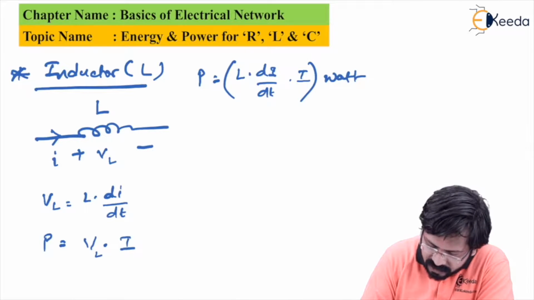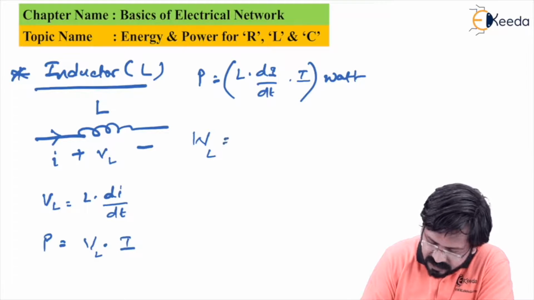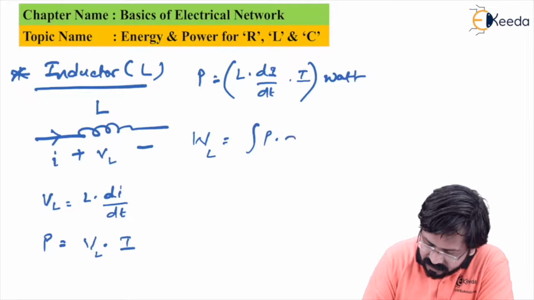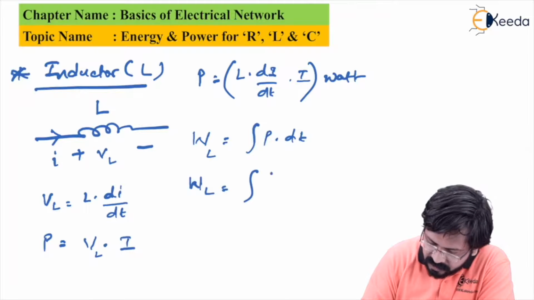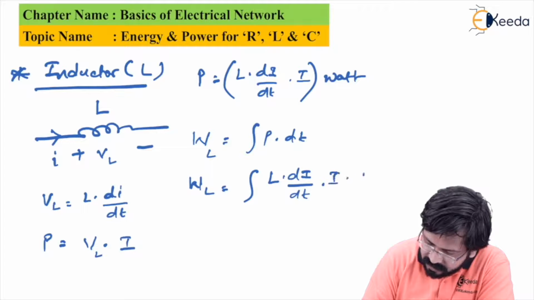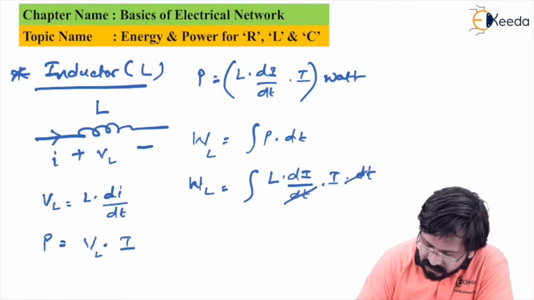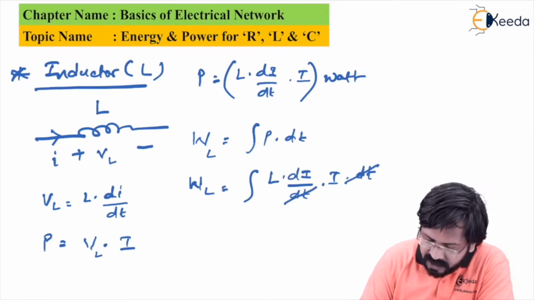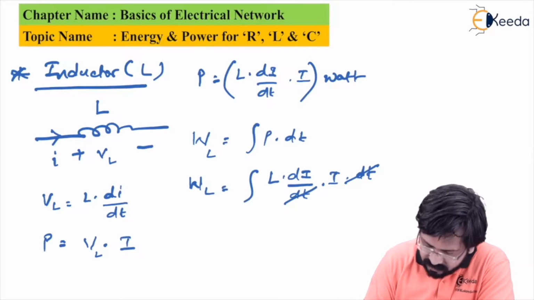Now for calculating energy, rather I will say WL, that is energy associated with inductor, is integration of power which is associated with inductor dt. So WL will be equal to integration of L into di by dt times I dt. As you can see in this integration, dt will get cancelled. L is a constant, independent of di, can be taken out.